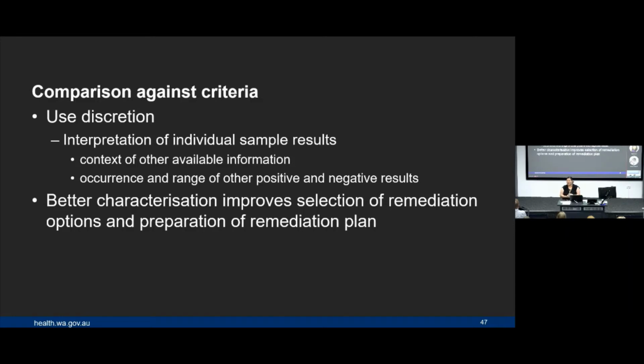As the assessor, you put it all together and compare it against site criteria and say, does it comply, are we above or below? At this point there's going to be professional judgment, and you need to use your discretion in interpreting individual sample results that might be above 0.001, but where you may not have a large number of positive samples. You will need to use your discretion about what those samples mean.